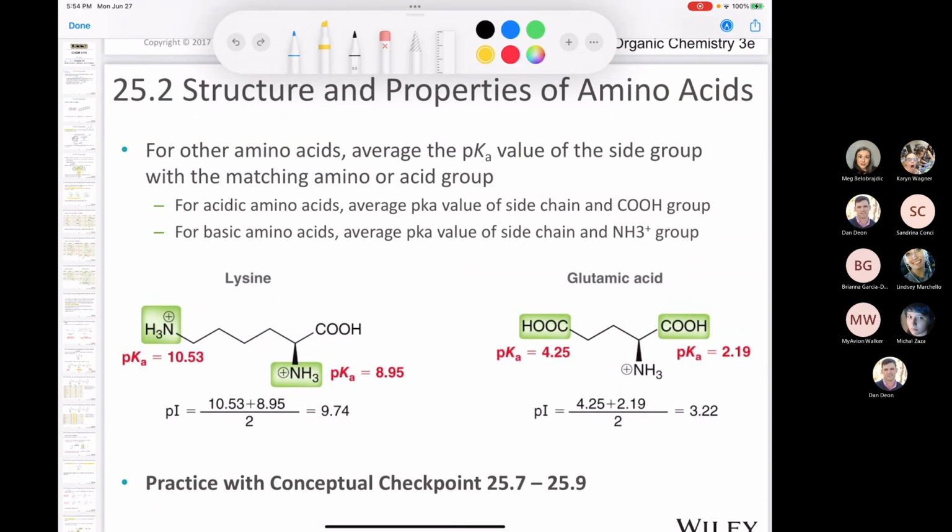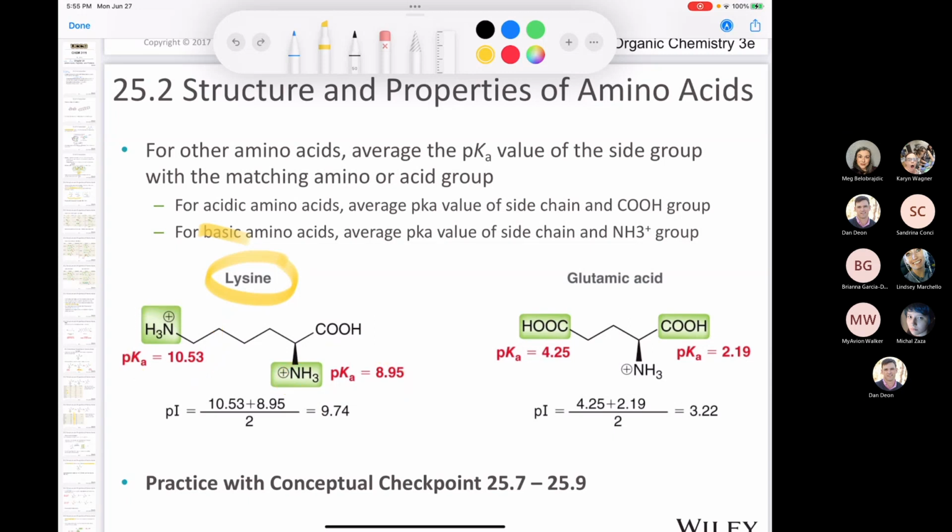If you're wondering, what the heck do I do if I get one of those amino acids that has an acidic side chain or a basic side chain? In those cases, you take the average of the two pKa's that are closest. So let's say you have lysine. Lysine is basic. This is the basic pKa. This is the other basic pKa. You take the average of those.